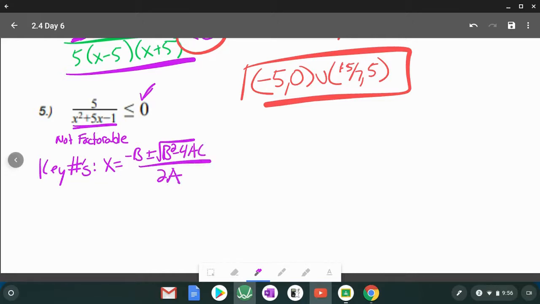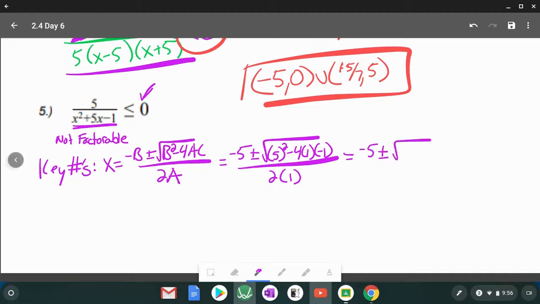We all know it. We all love it. So go ahead and use that quadratic formula. We have negative 5 plus or minus 5 squared minus 4 times a times c all over 2 times a. So we end up with negative 5 plus or minus the square root of 25 plus 4 is 29 all over 2.